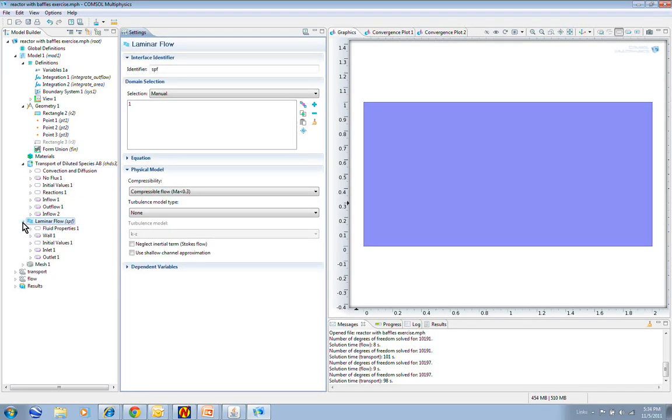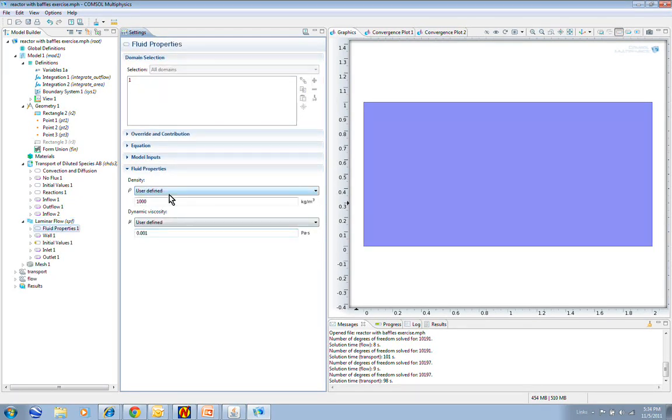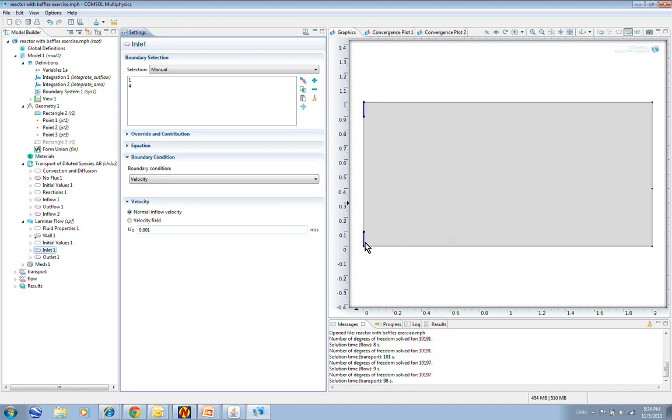So for the laminar flow problem, fluid properties of water, these are just defaults, and in this case we specify both of these as inlet with the same velocity of 0.001 meters per second, and that's the outlet right there.